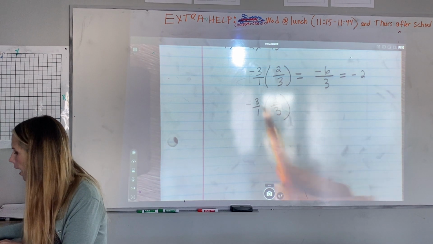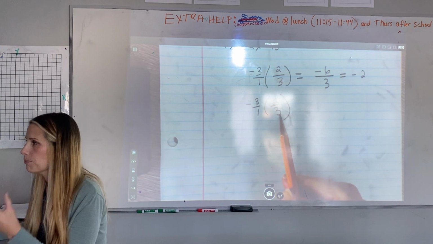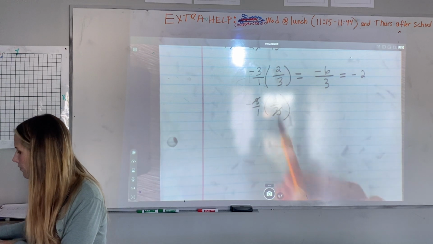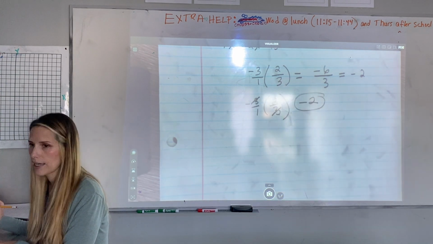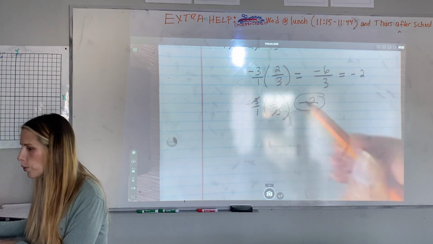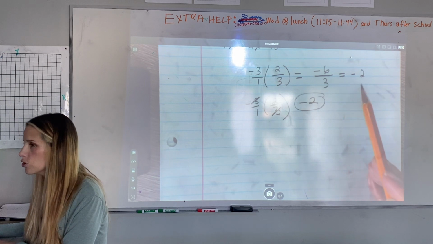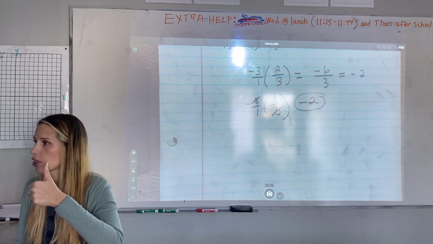So if you have a numerator and a denominator in multiplication that can be divided or reduced, then you can do that. Then we have a negative times a 2, which is -2 over 1, which is just -2. This is the quicker method. This will also get you the right answer. So the good news is there are 2 ways to do it that will get you the right answer.